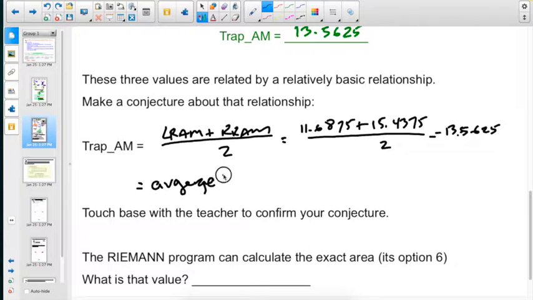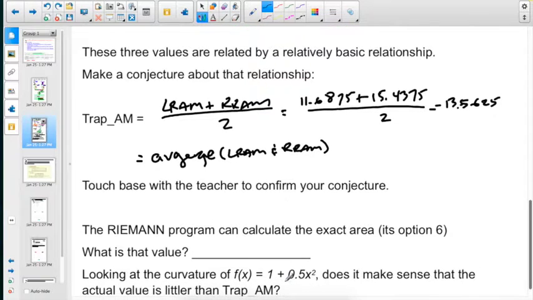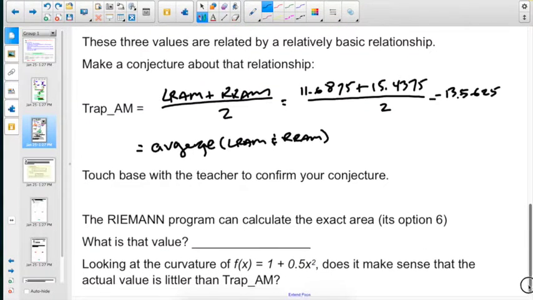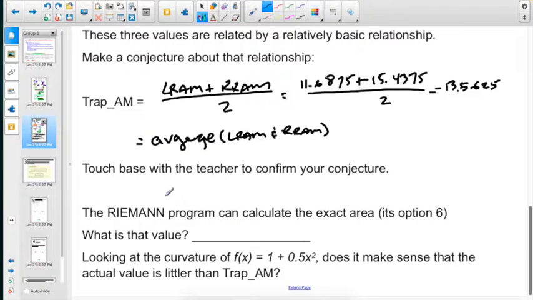We just go ahead and average our LRAM and our RRAM values to determine that answer. And so that's basically what that says down there.